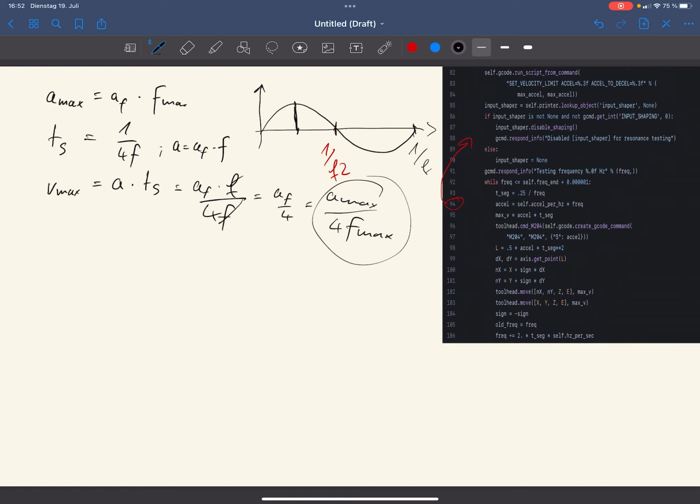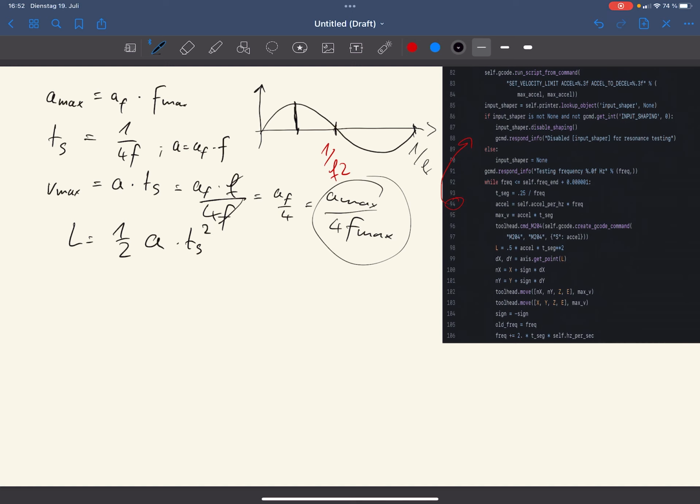Okay, so now we have the acceleration and a maximum velocity for a movement calculated, and then we set the velocity and the acceleration in the printhead. This is just setting the limits, and that's the acceleration we are going to have for the movement. Now, for the length of the movement, we calculate the L, and L is a half times the acceleration times TS squared.